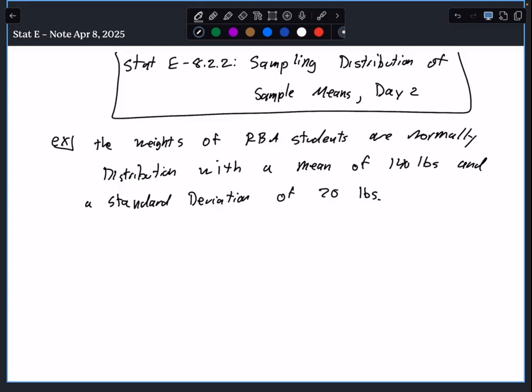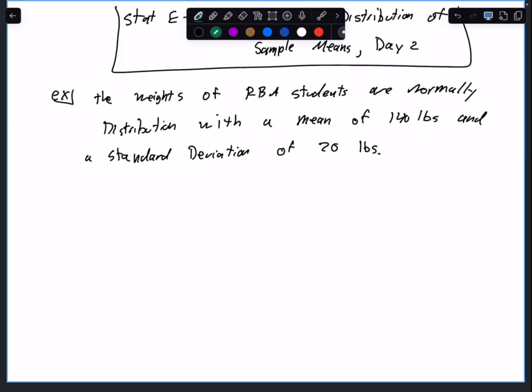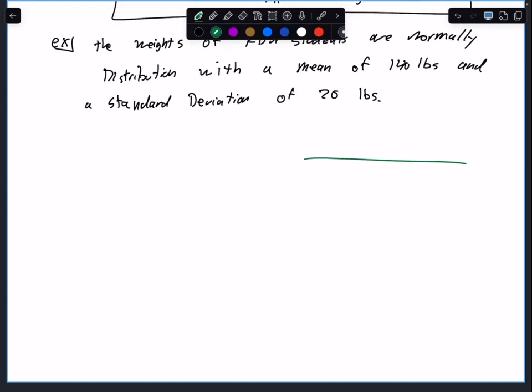Okay, it would follow a normal distribution, 68, 95, 99.7, everybody's weight. The mean, if I were to graph this, the mean would be 140 pounds.